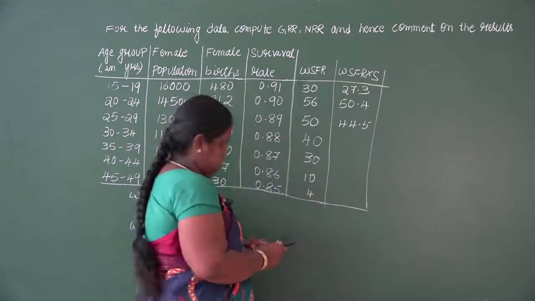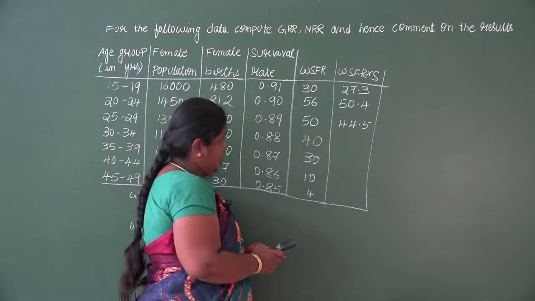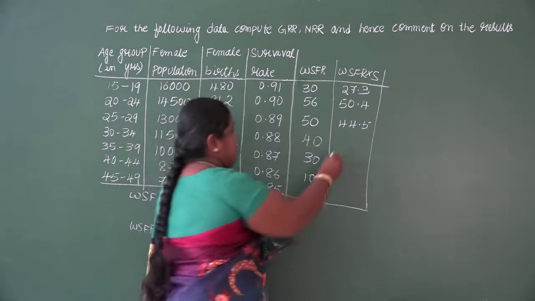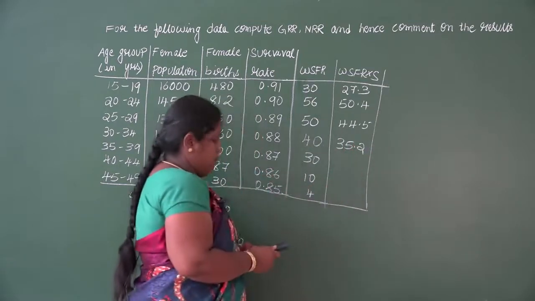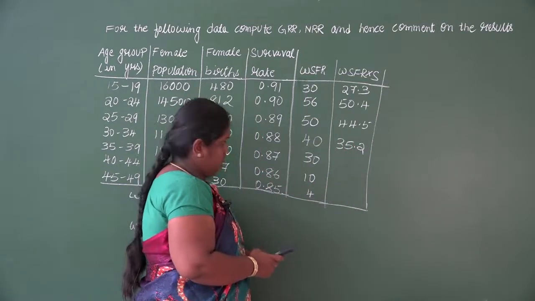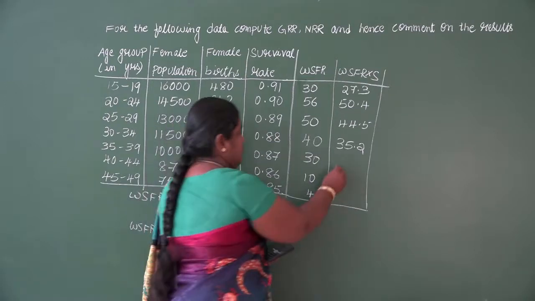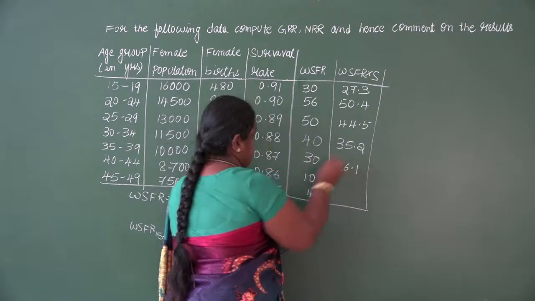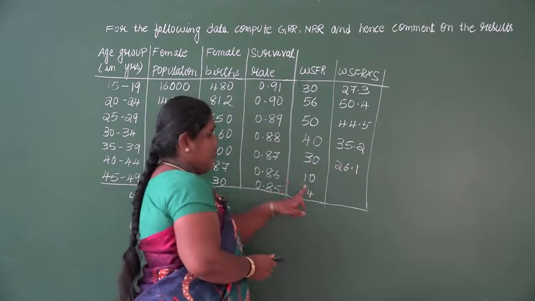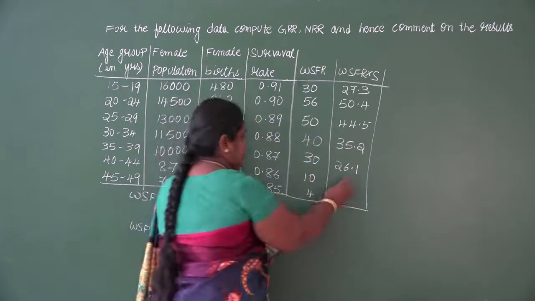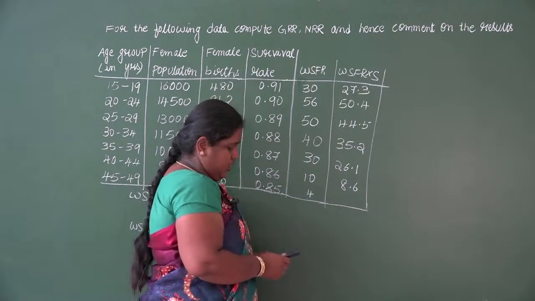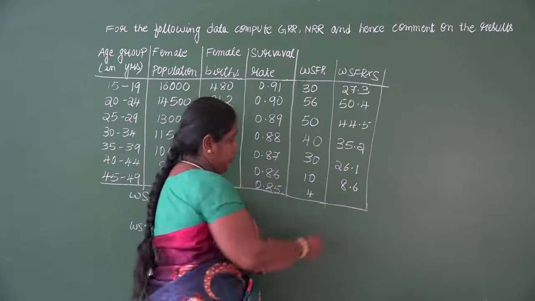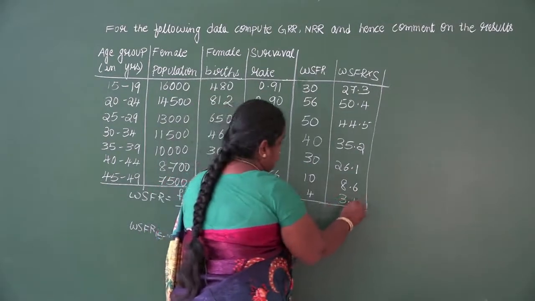Next one 0.88 into 40, 35.2. Next 0.87 into 30, 26.1. Then 0.86 into 10, 8.6. And the last one 0.85 into 4, it is 3.4.